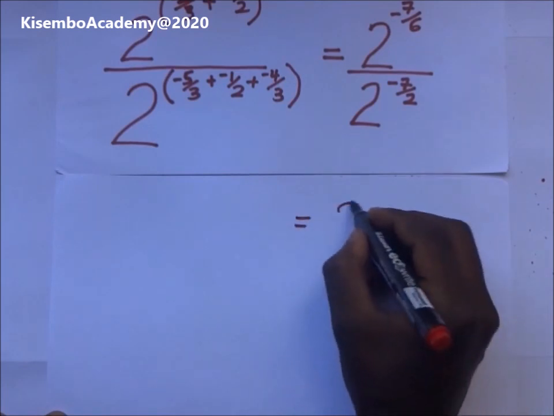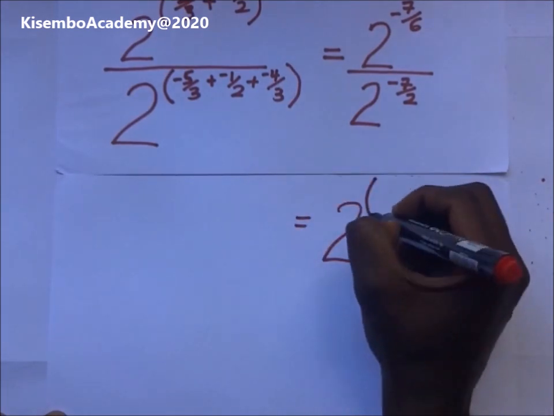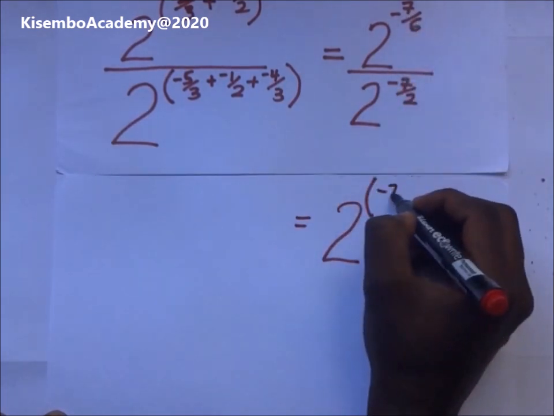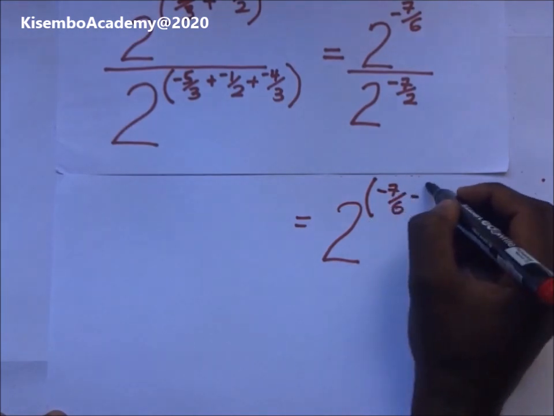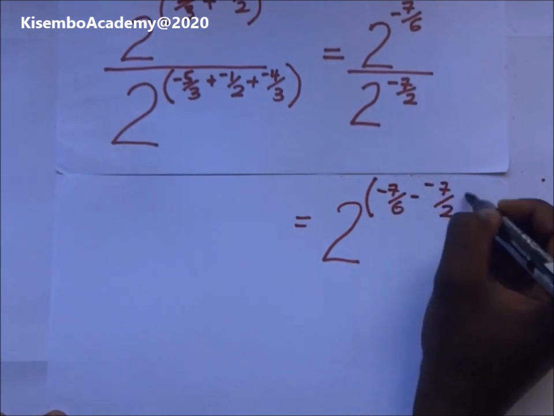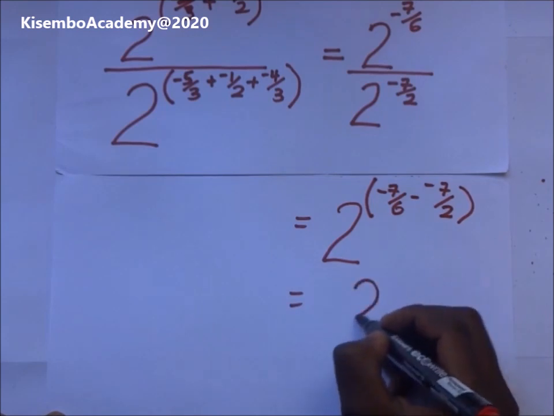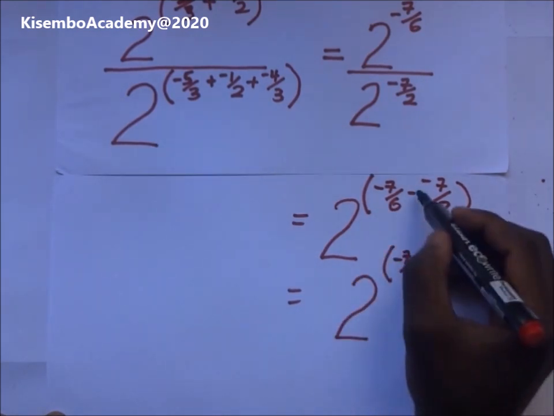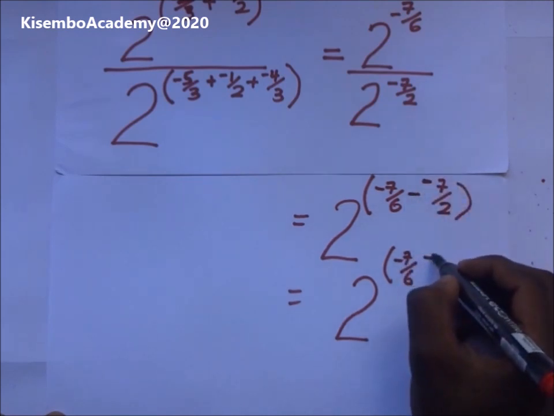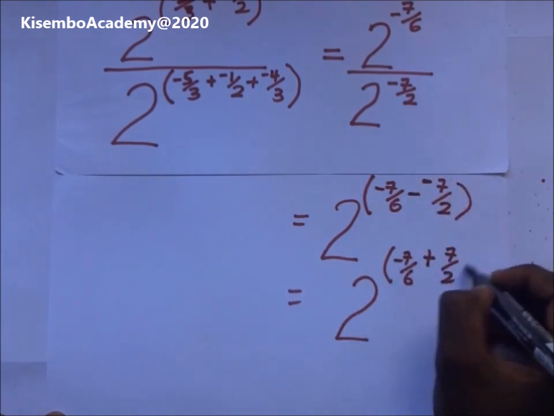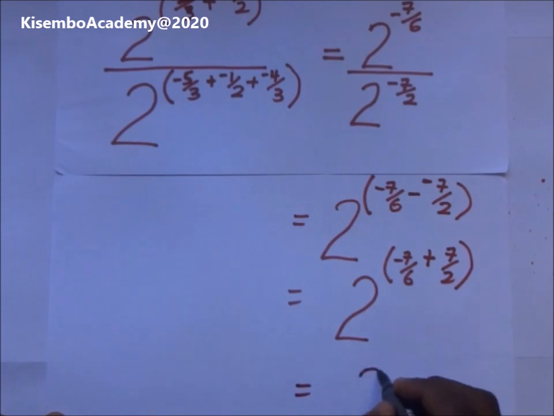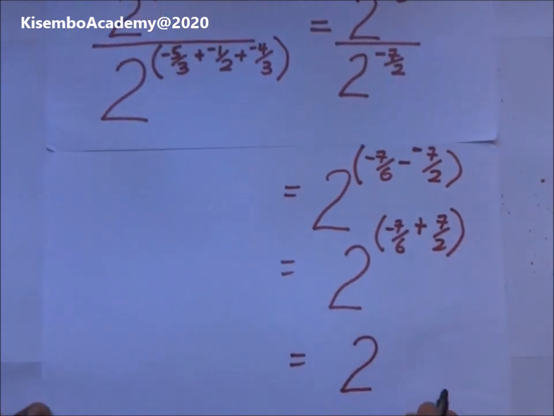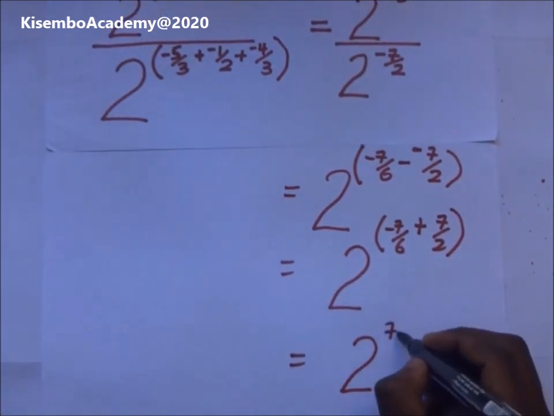So that becomes the same base to the power, subtract the powers, negative 7 over 6 minus negative 7 over 2. Of course, this is going to become 2 to the power negative 7 over 6. This minus becomes a positive, plus 7 over 2. And our answer here is going to become 2 to the power 7 over 3.